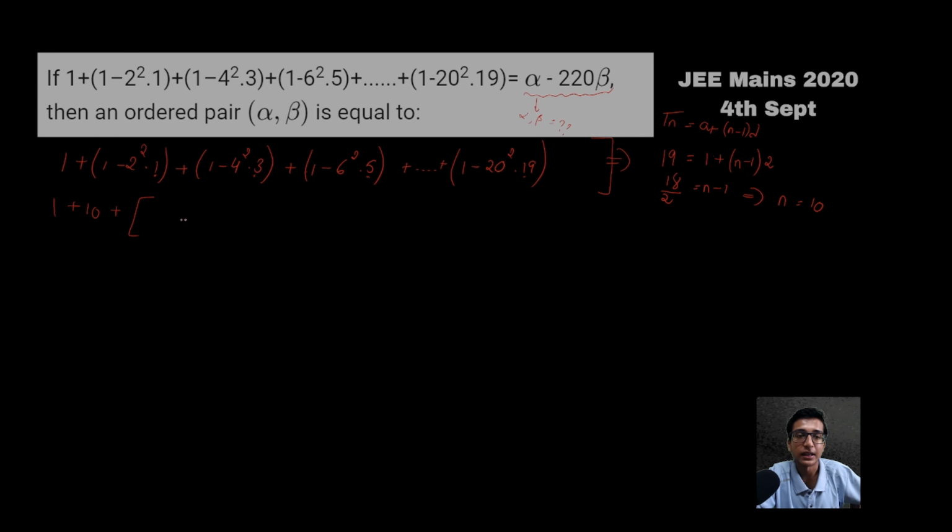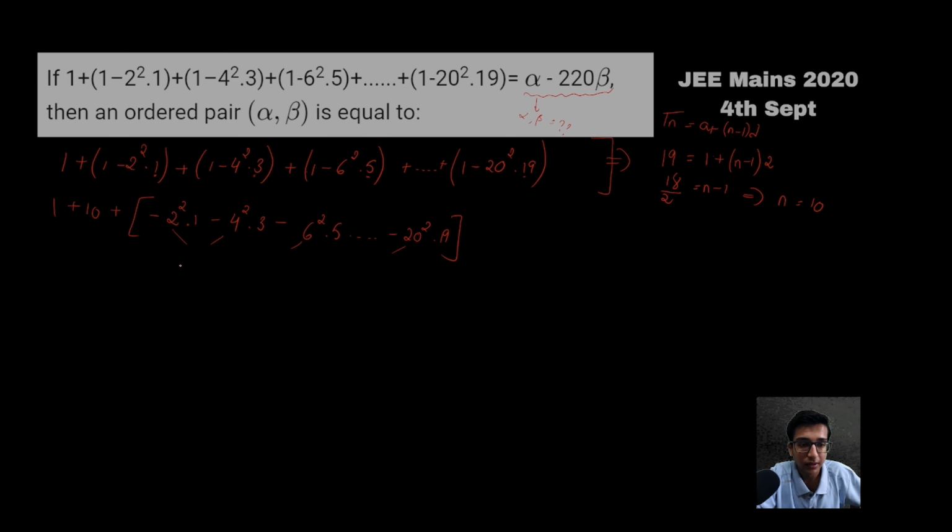And now let's look at the sequence. It's minus 2 to the power 2 into 1, minus 4 square into 3, minus 6 square into 5, and this goes on up till minus 20 square into 19. Now what can you find out from this? How can you write this in the form of a general term, in any variable form?